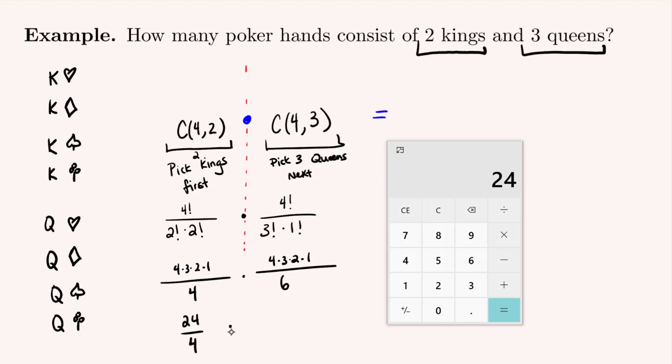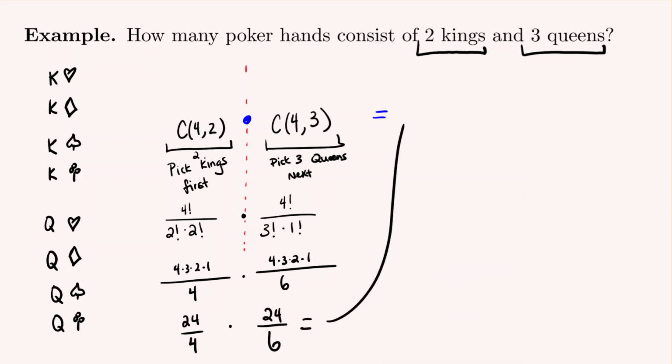So 24 over 4 times 24 over 6. Now this will simplify to give us 24 divided by 4 is 6, times 24 divided by 6 is 4. So there's 24 possible hands that would have exactly 2 kings and exactly 3 queens.